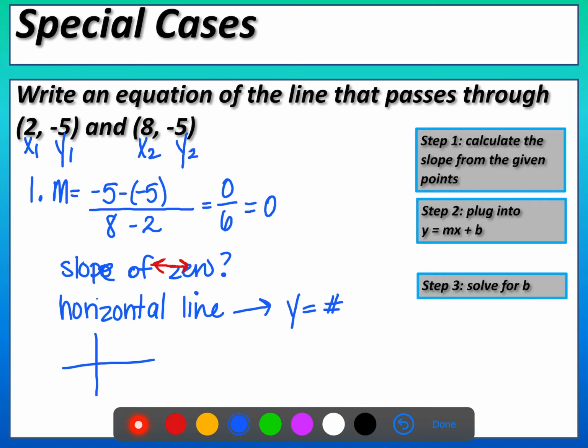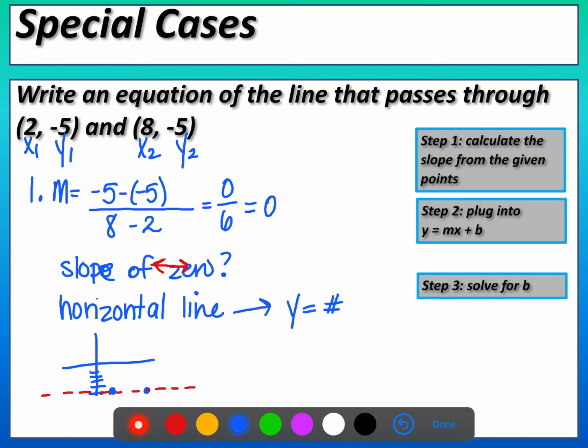Okay, so again, think if you plotted both of those points, okay, here's maybe (2, -5), and here is (8, -5). How do you get a line that goes through both of them? It would have to be horizontal.